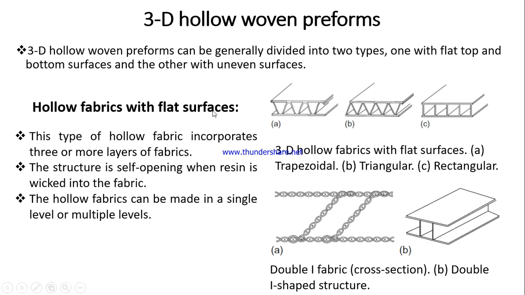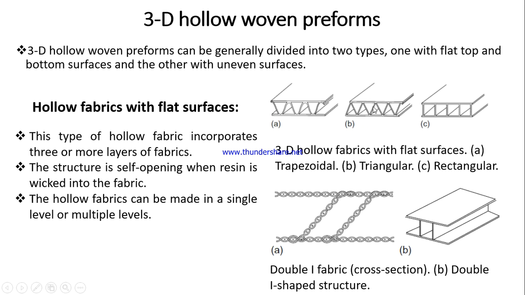Hollow fabric with flat surface. This type of hollow fabric incorporates three or more layers of fabric to make a flat hollow fabric. You can see in this diagram: trapezoidal hollow with flat surface, then triangular hollow, then rectangular hollow. So these are all woven fabric structures having flat top and bottom surfaces, and in between either trapezoidal, triangular or rectangular hollows are created.